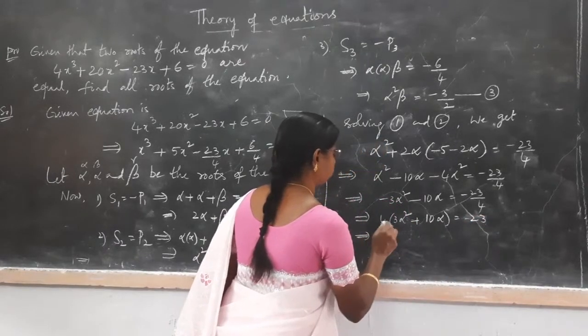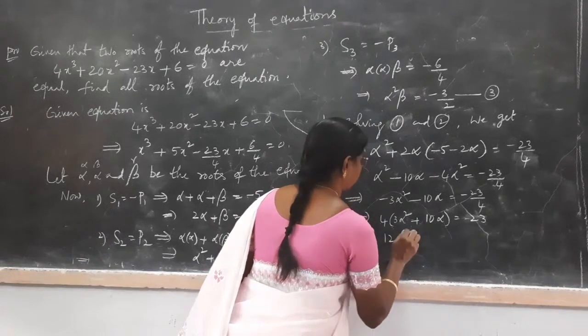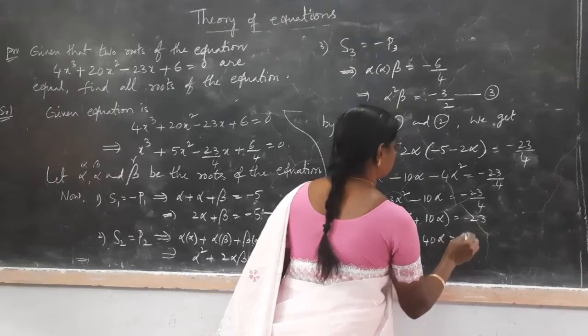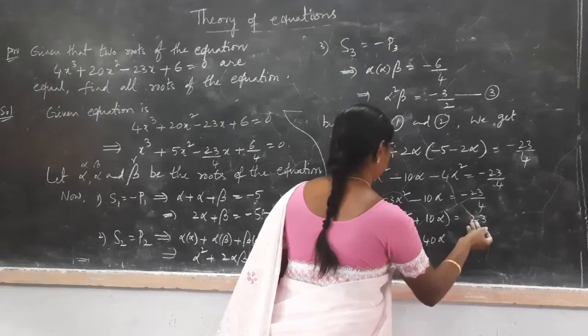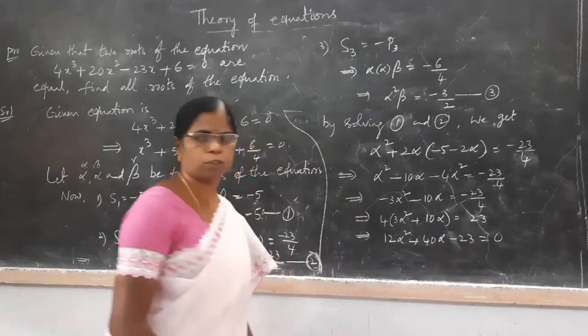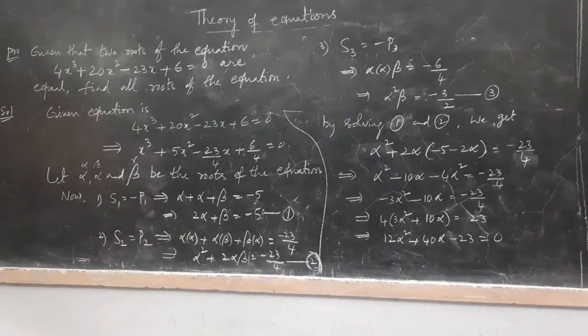This implies 12 alpha square plus 40 alpha plus 23 is equal to 0. Okay, we got a polynomial equation, that is a quadratic equation in alpha.